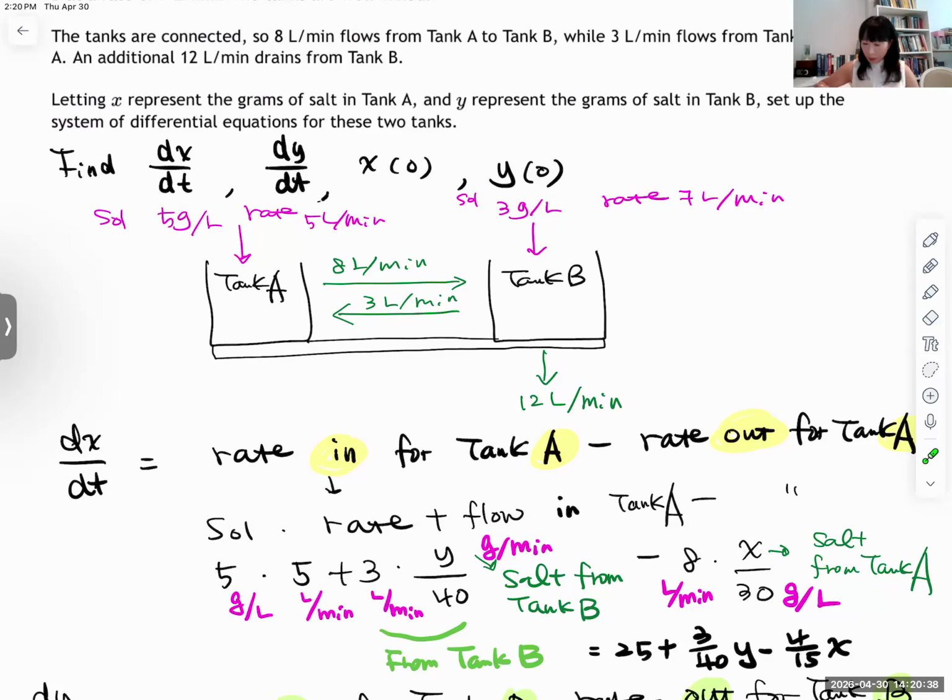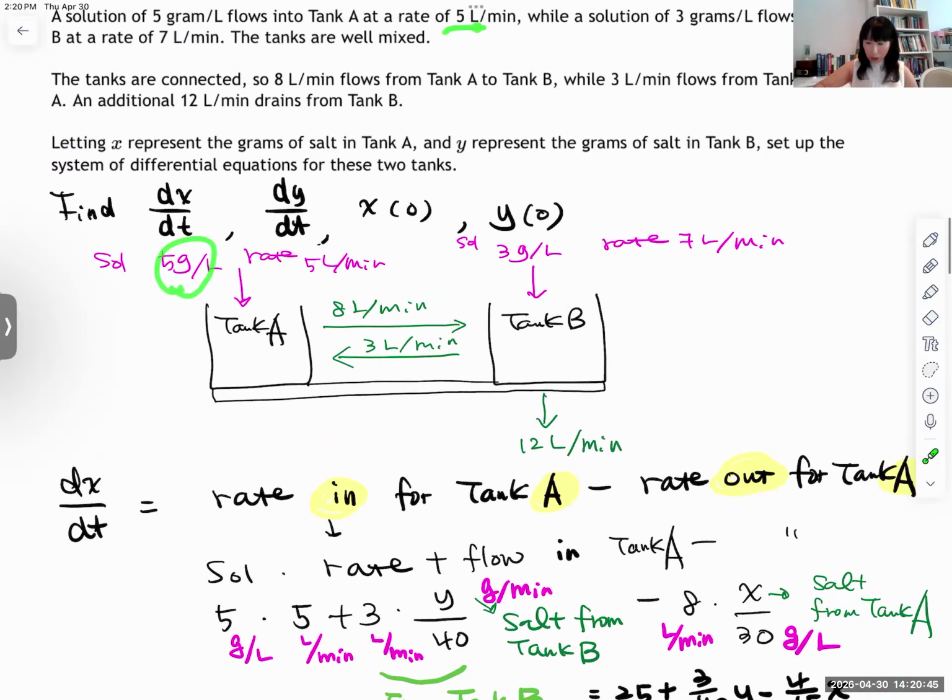The solution is 5 grams per liter, and we multiply by the rate, 5 liters per minute, which flows into tank A, right?